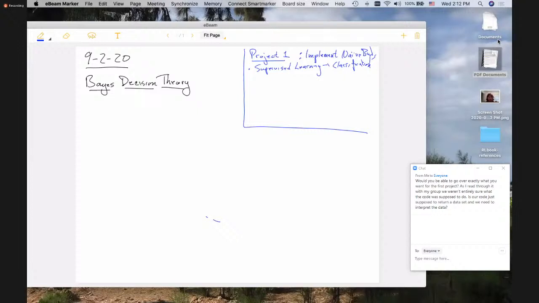And the goal is to take any data point from that data set that does not include the class, run that data point through your naive Bayes classifier, and then return the class. And you want it to do it as accurately as possible.